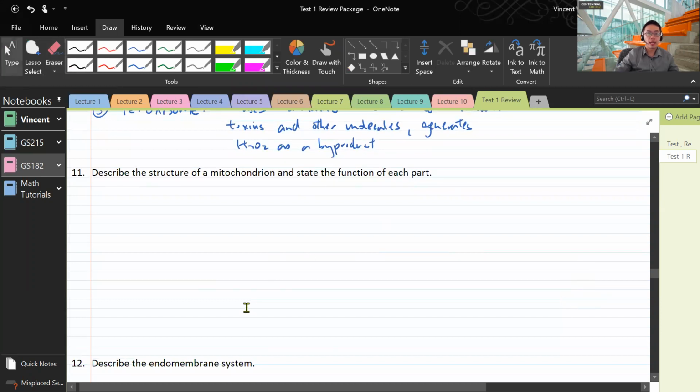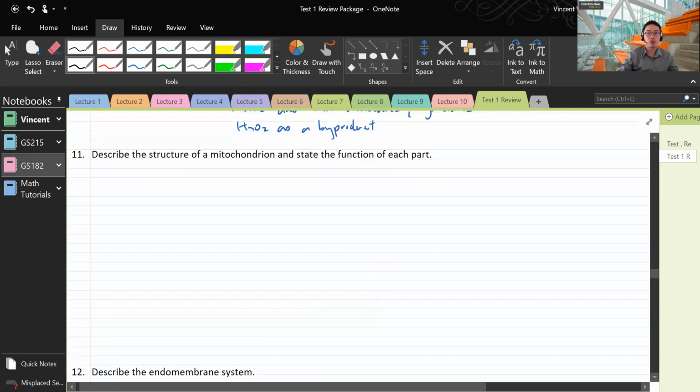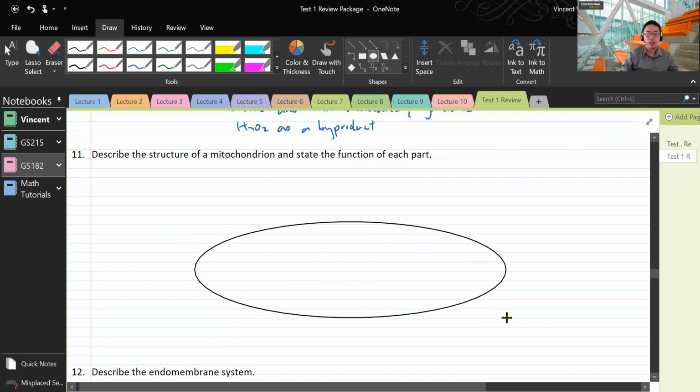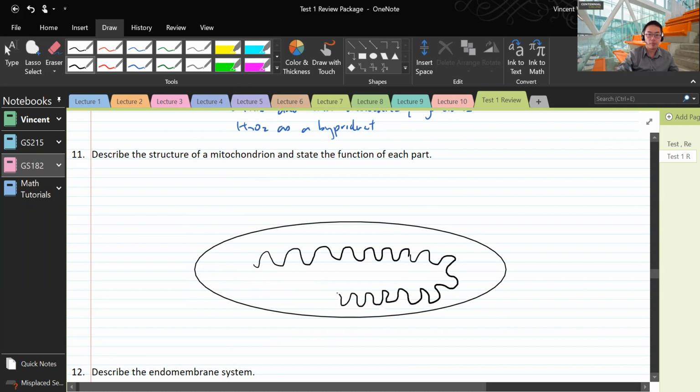Describe the structure of a mitochondrion, state the function of each part. Sure, we can do that. And let's draw our lovely oval. And we are going to draw the inner mitochondrial membrane, which folds up into these accordion shape, finger-like projections, whatever you want to call them.